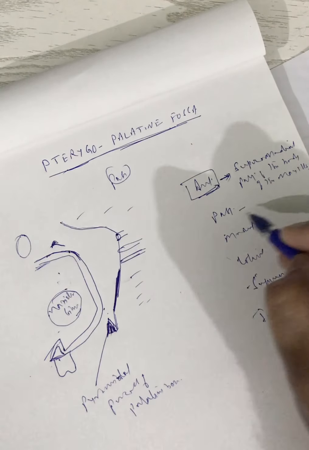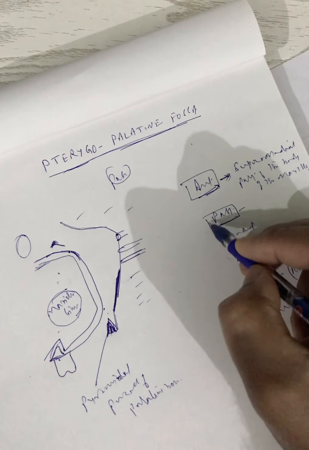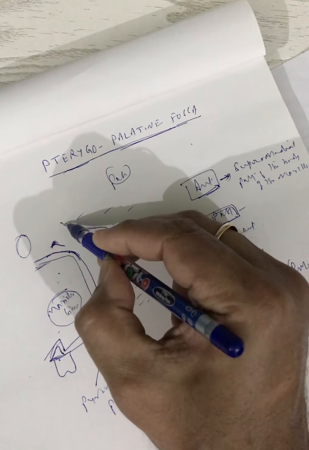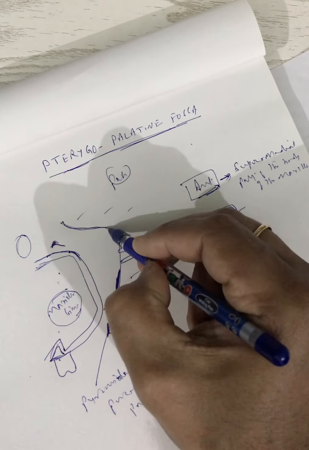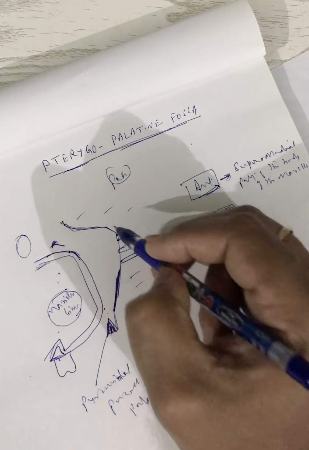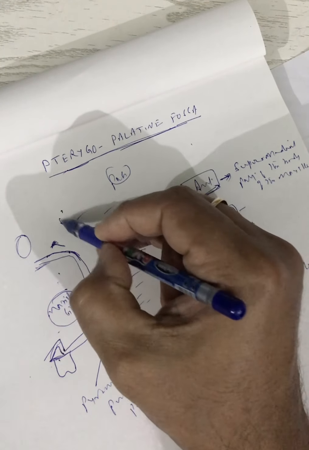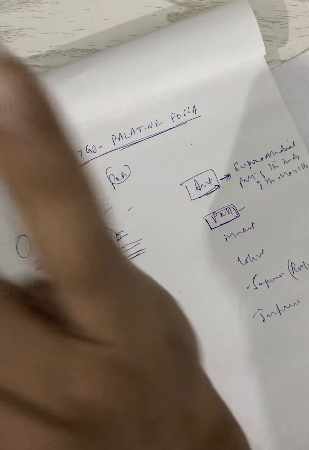Now we have got to talk about the posterior boundary. As you know, posteriorly we have got this sphenoid bone. This is the greater wing of the sphenoid bone, this portion, which goes upward.